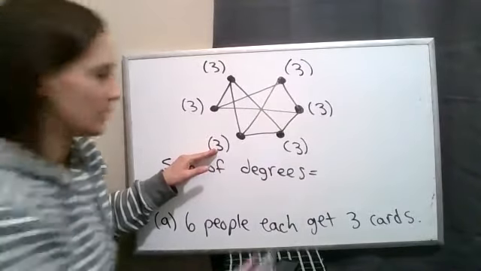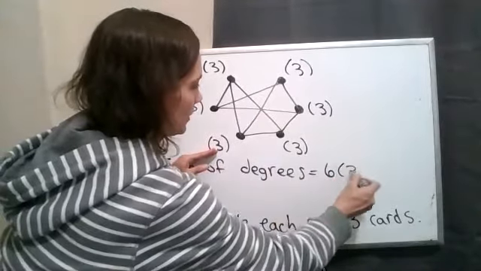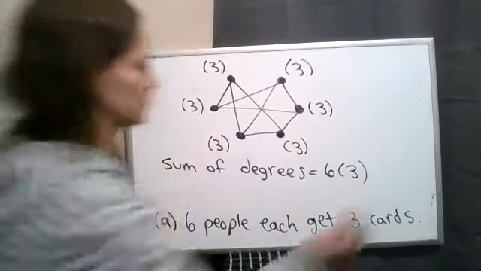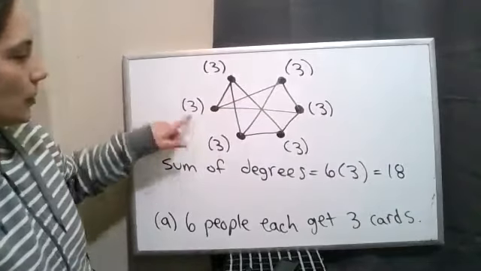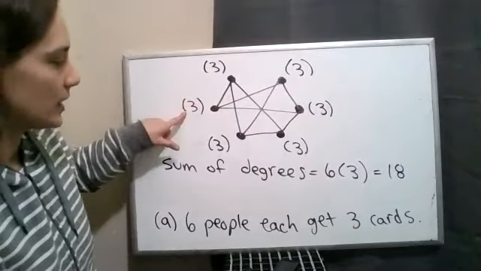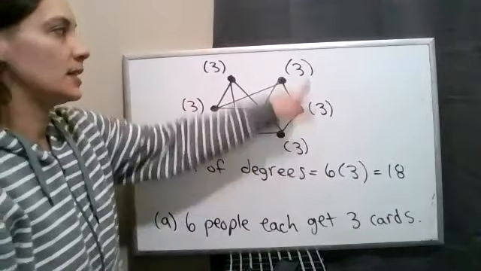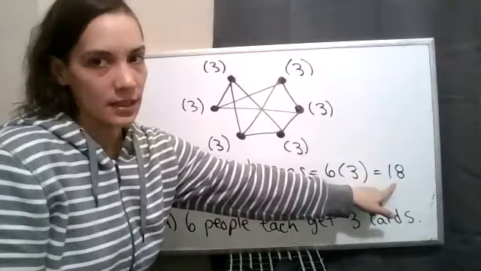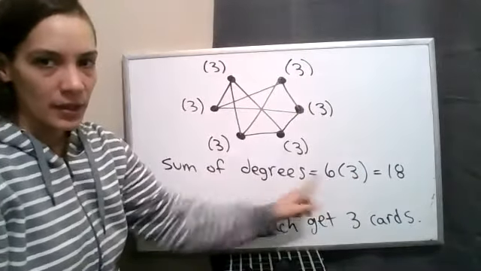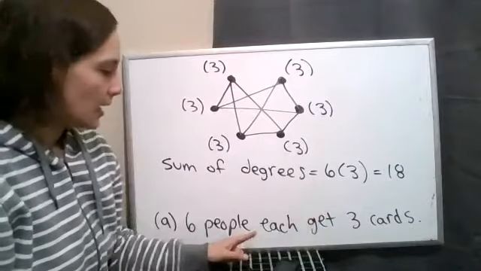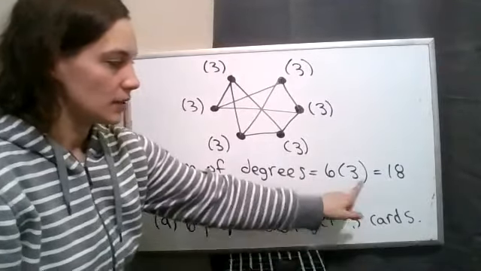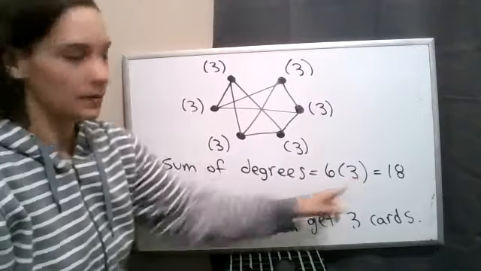And that's also the same as having 6 times 3. So you can just add it up to 18. But I've got this here so that you know that 6 is the number of vertices, and 3 cards each, so the degree for each.